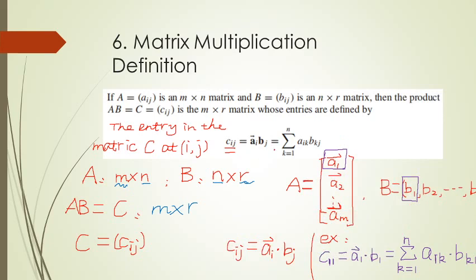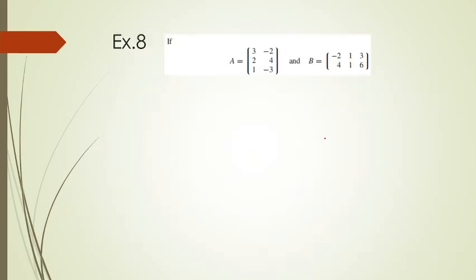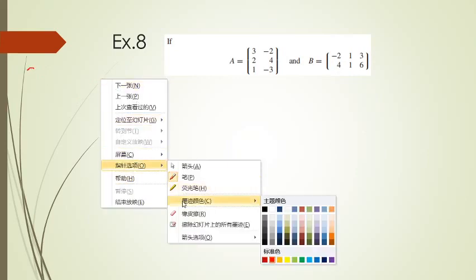So if you realize Cij is the ith row vector times the jth column vector in B, that will be enough, okay? Let's check the specific examples. Let me write the formula here, using a different color.